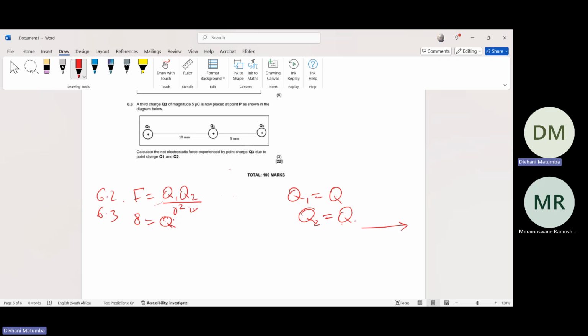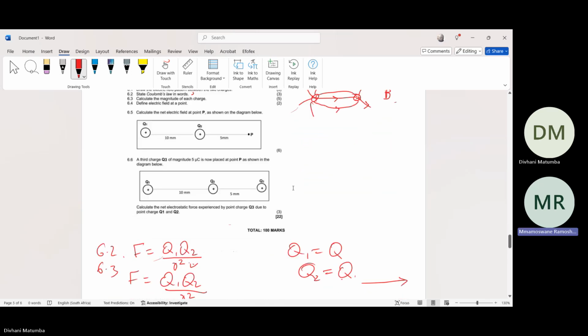Okay, let me go and put Q. Let me write the formula properly so that you don't accuse me of not writing the formula. Okay, so 8 equals Q times Q all over. What is the distance between them?